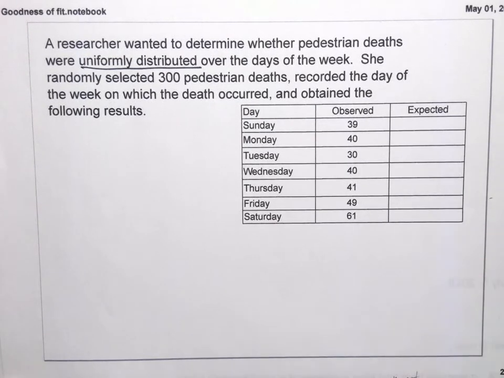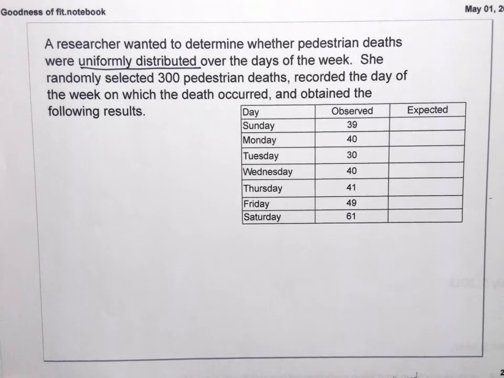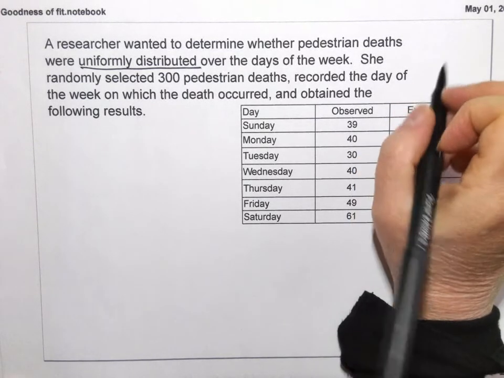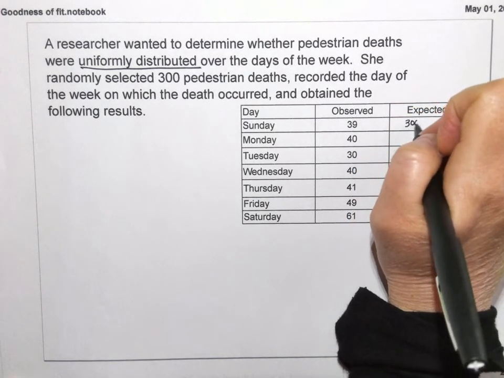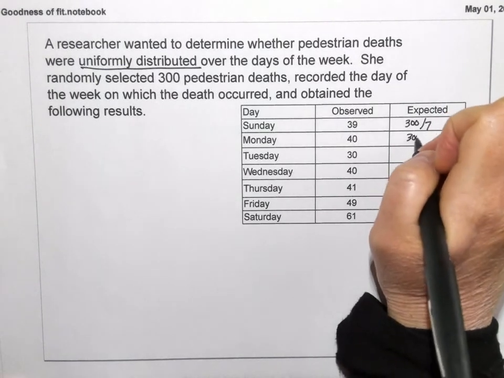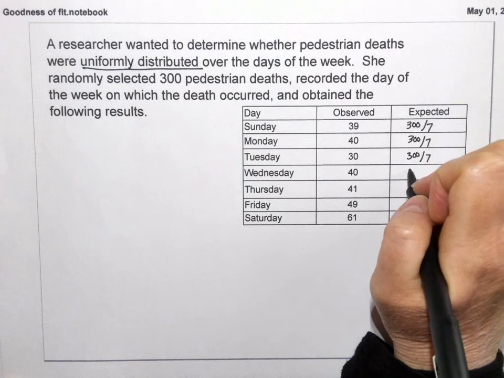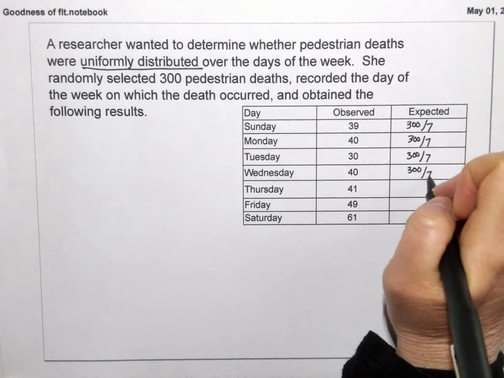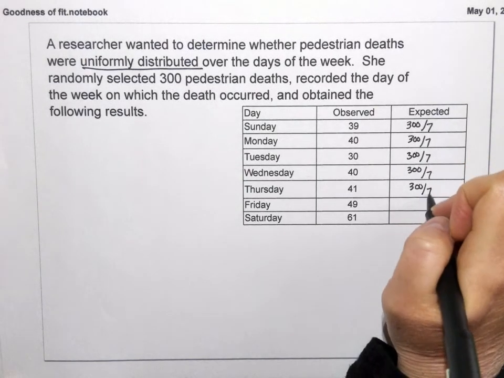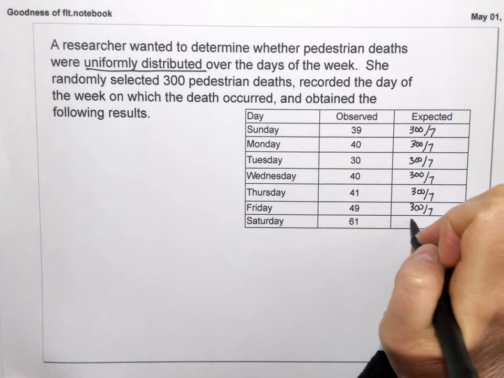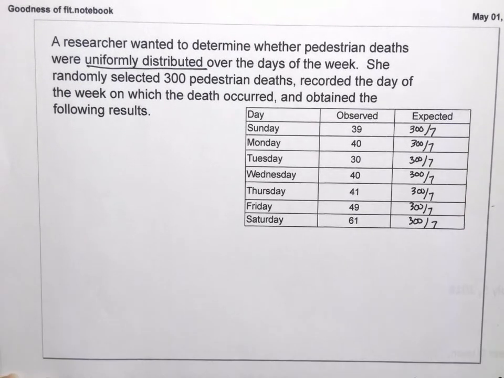So we need to calculate expected. Well, they're all going to be the same: 300 divided by 7, because 1/7, since there are 7 days of the week.